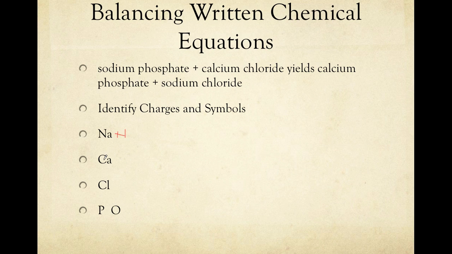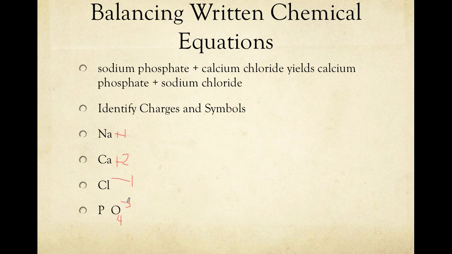Our calcium has a positive 2 charge, represented by Ca, so we put positive 2. Our Cl has a negative 1 charge, so we represent it by negative 1. And our phosphate, PO4, has a negative 3 charge.